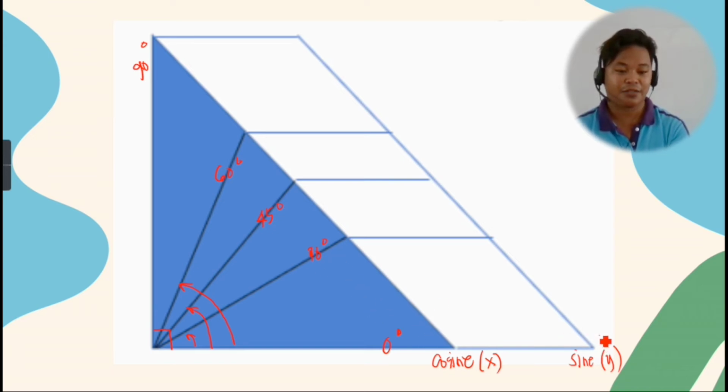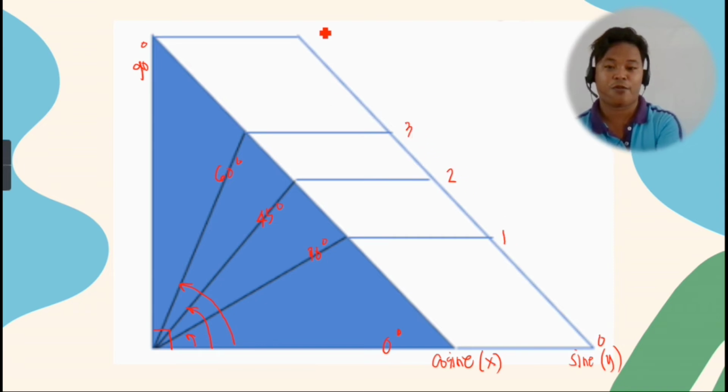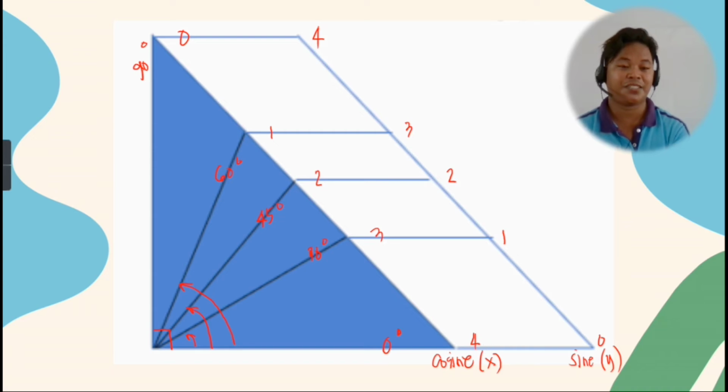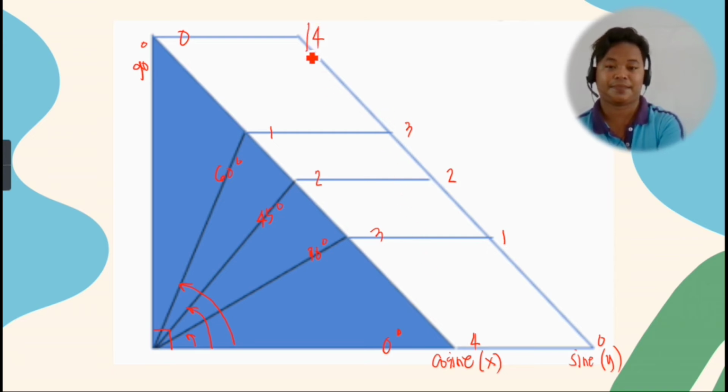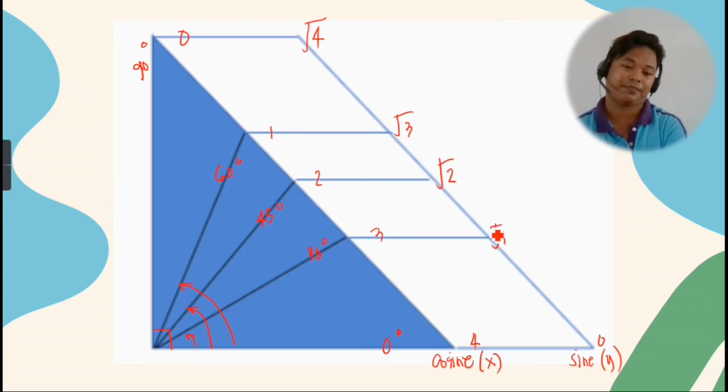Let's count. We have 0, 1, 2, 3, 4. After placing these digits in our stairs, the next step is to take the square root of each digit. So 4, square root of 3, up to square root of 0.